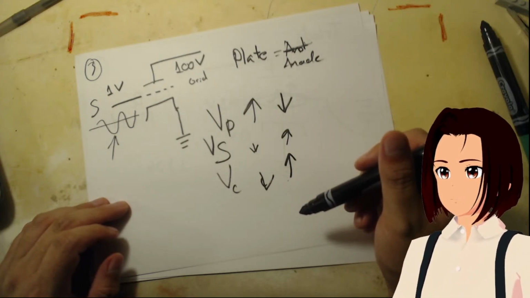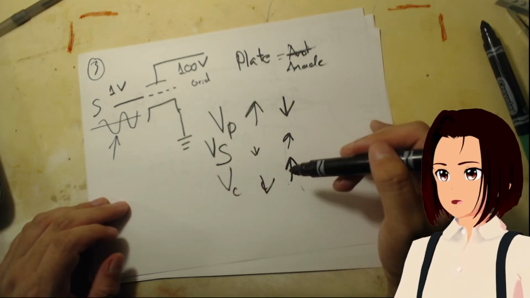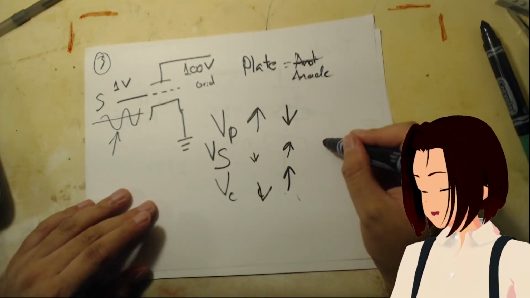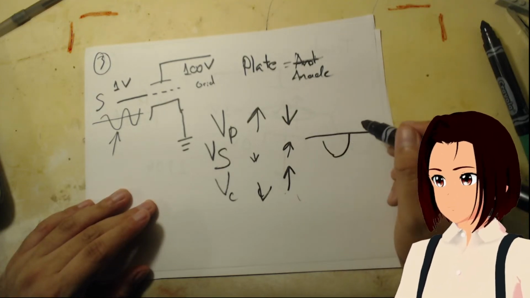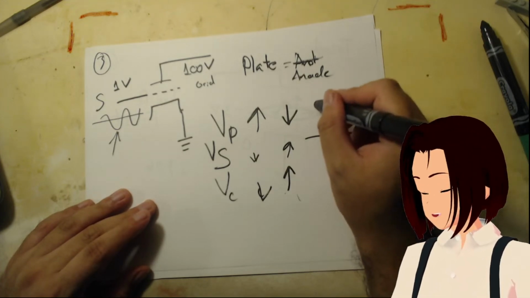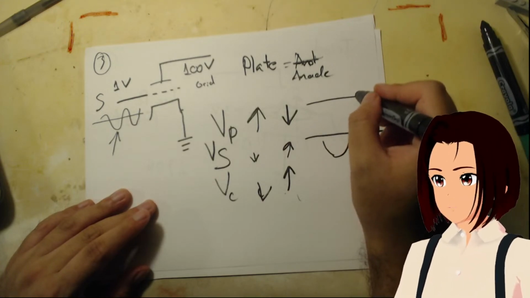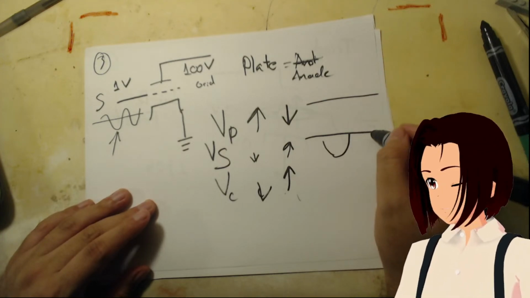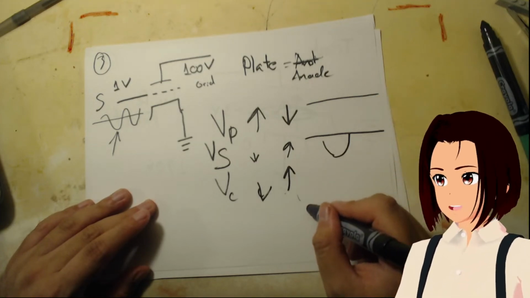Because of this phenomenon, we can have a signal where, say, right here the signal's low. Now this is the signal, and this right here is the 0, the horizontal X-axis, for the plate voltage, the signal, and the cathode voltage.